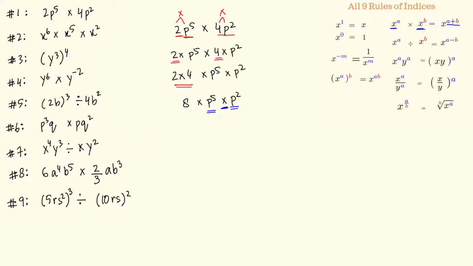So I can write this like 8 times p to the 5 plus 2. These two powers got added. 5 plus 2 is 7, so this becomes 8 times p to the 7, and 8 times p to the 7, I can write like 8p to the 7. This is my answer.